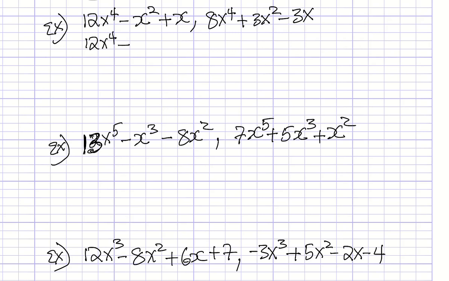12x raised to power 4 minus x2 plus x3 minus 8x4 plus 3x2 minus 3x. You see that, right? Alright, so we're subtracting. Now when you push the minus sign inside the bracket, the first one there, let me see, what did I do? I think there's a mistake. Yeah, I made a mistake. See right here, you can't do that. The first one there, the one with x variable becomes plus.